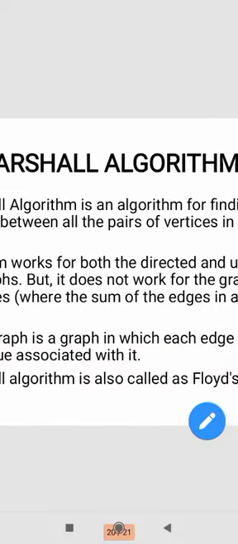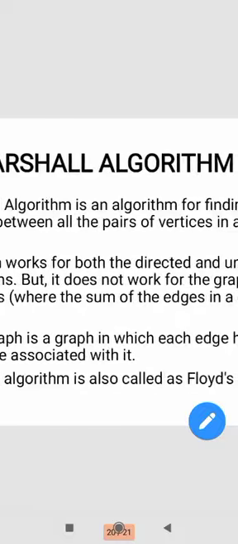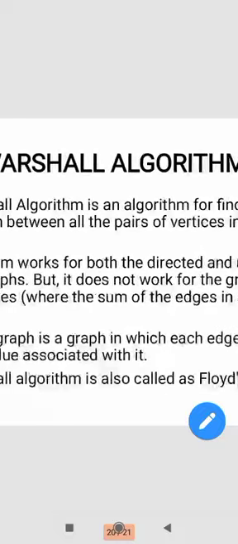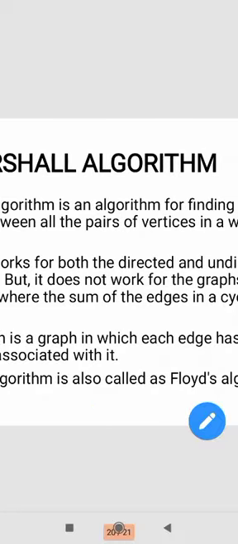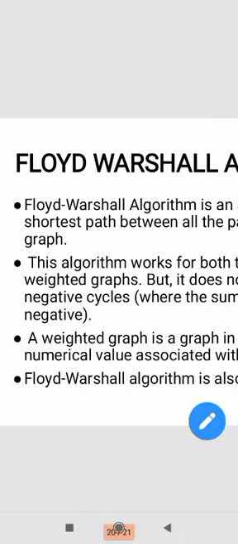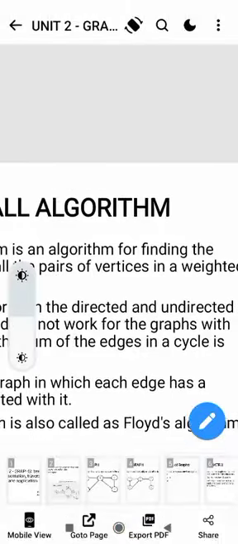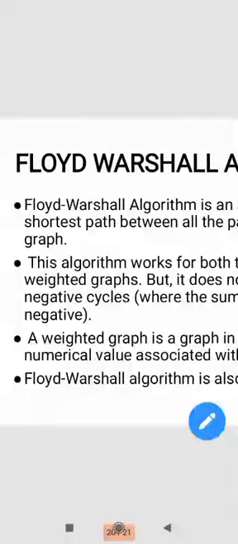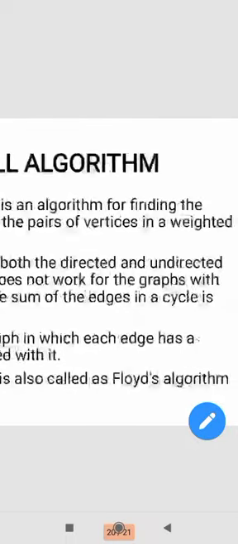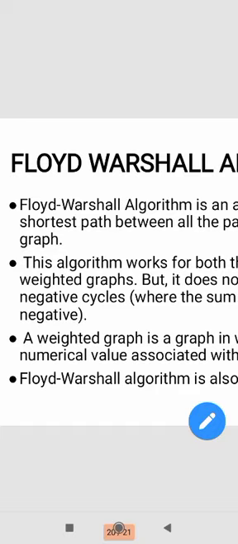Next one, Floyd-Warshall algorithm. Floyd-Warshall algorithm is an algorithm for finding the shortest path between all pairs of vertices in a weighted graph. This algorithm works for both directed and undirected graphs. But it does not work for graphs with a negative cycle.